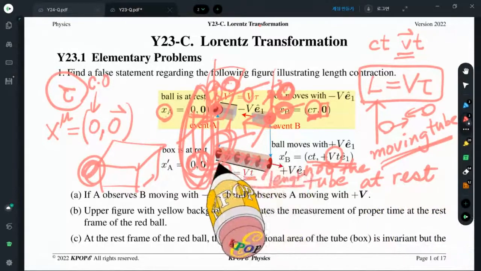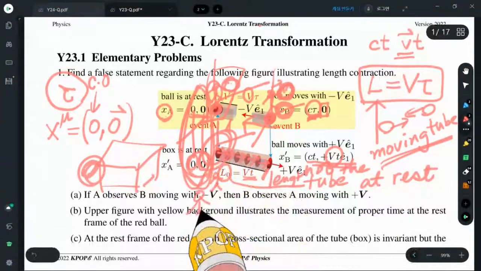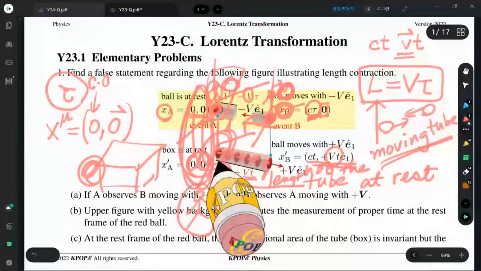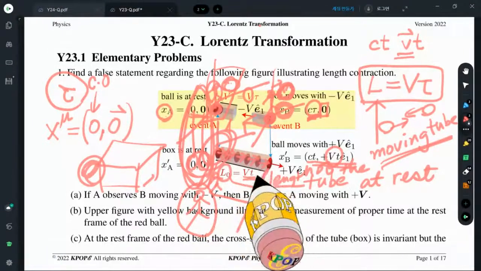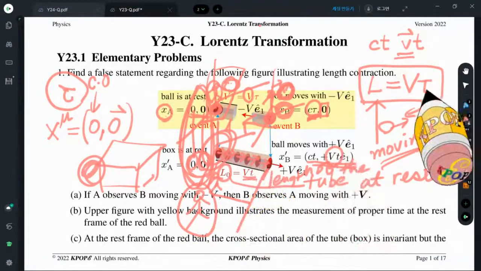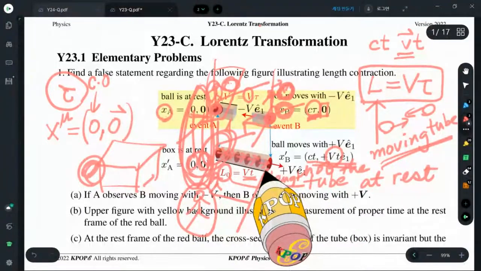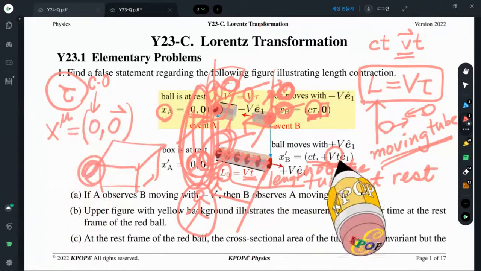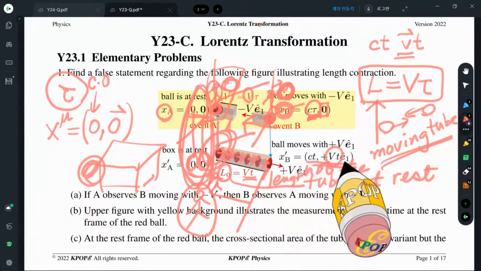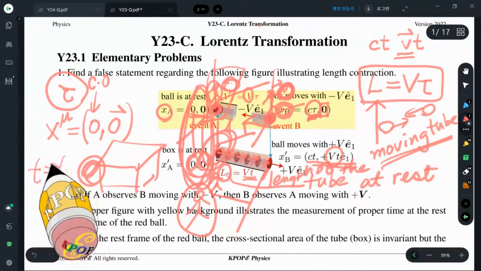The ball is moving and your tube is at rest. Your friend is standing here. He knows the length already, and by the time t instead of tau, it reaches the other endpoint. Now, we can make use of the fact that the flying object has time t, that t is gamma tau.